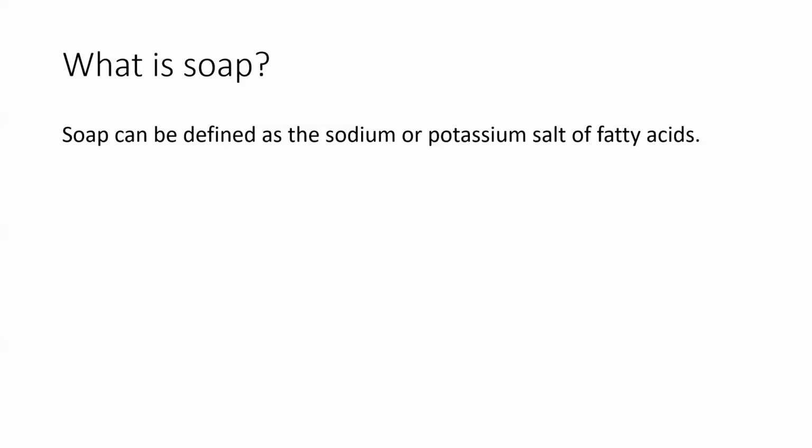Specifically for soap, when the hydrogen on the long chain fatty acid molecule is replaced by sodium or potassium, we say soap, which is the salt of the fatty acid, has been made. Are we together?